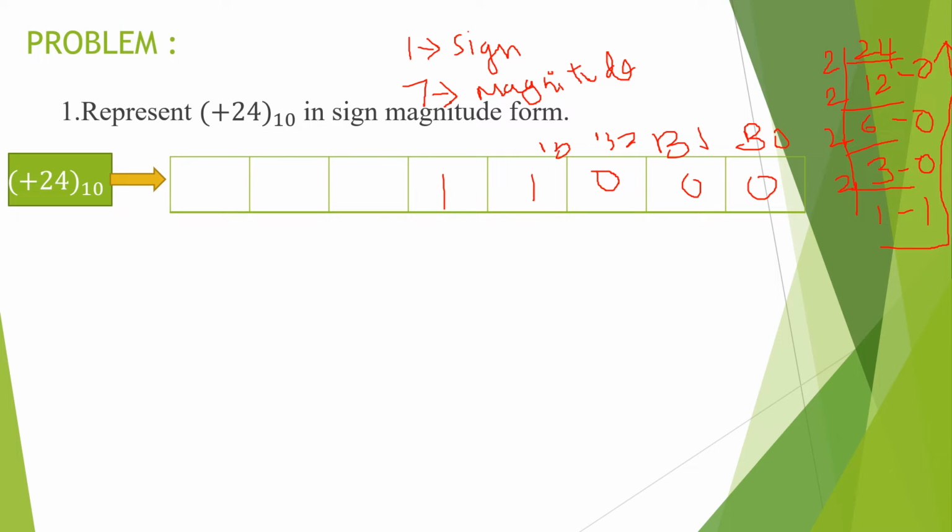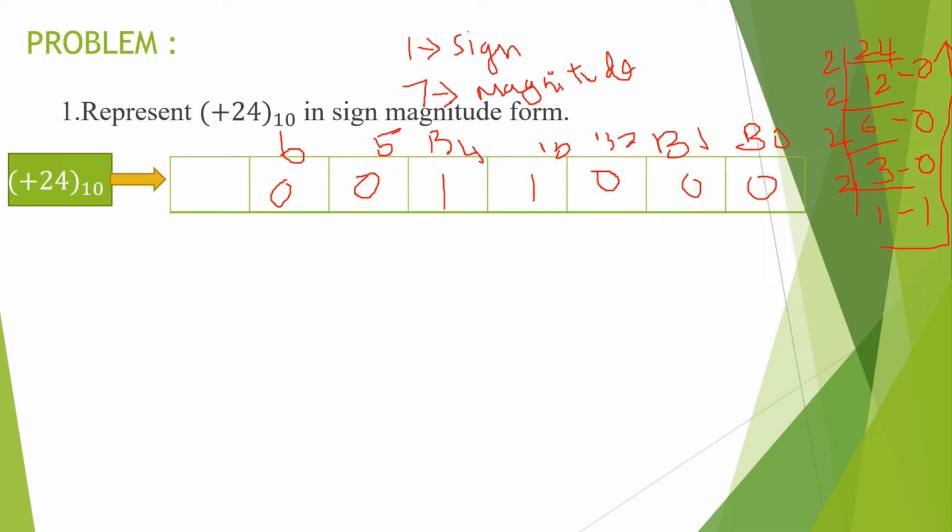So you have to fill the remaining bits with 0. Now you have filled your magnitude bits.